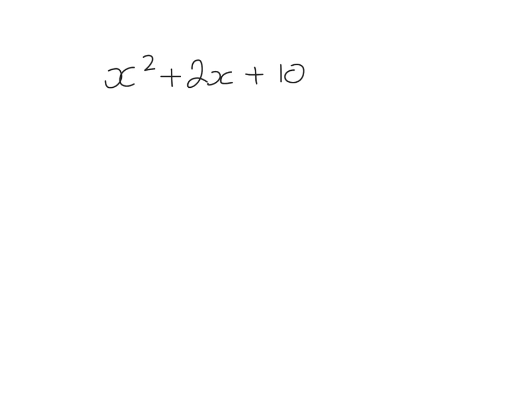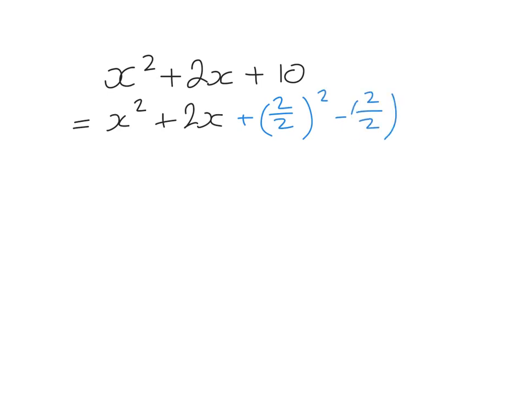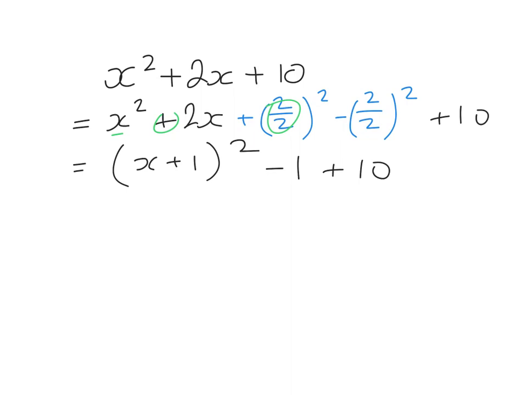So now what we do, start off as we do, equals x squared plus 2x plus 2 divided by 2 squared, take away 2 divided by 2 squared, plus 10, which is equal to, remember the first term comes down, the x, and then we have that sign, plus, and then we have our 2 over 2, which simplifies to become a 1 squared, then we've got to go take away 1 plus 10. 2 divided by 2 is 1, and then when we square it, it's still 1.